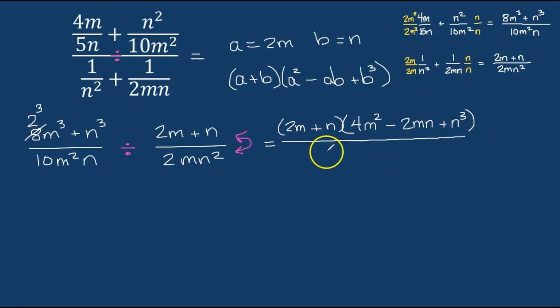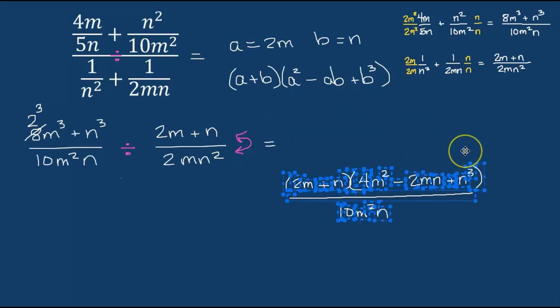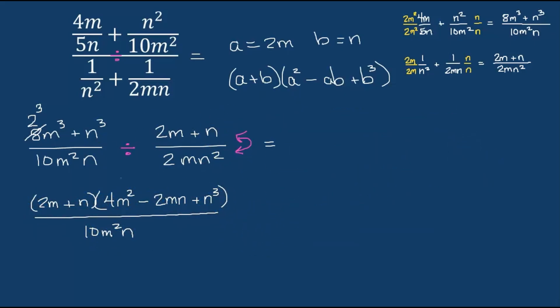The denominator stays as 10m squared n. And to this, we are going to multiply the reciprocal of our second fraction. Let's go ahead and take the reciprocal now. 2mn squared moves to the top, and 2m plus n moves to the bottom.